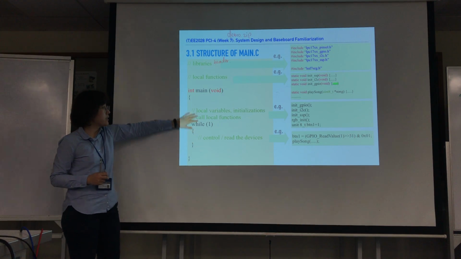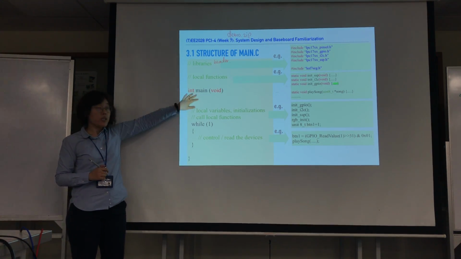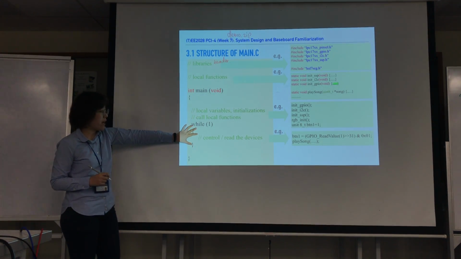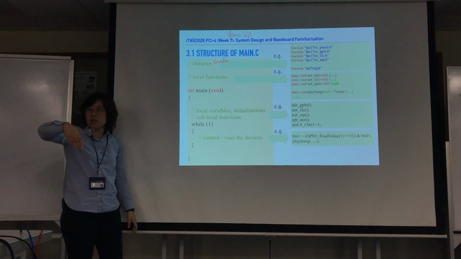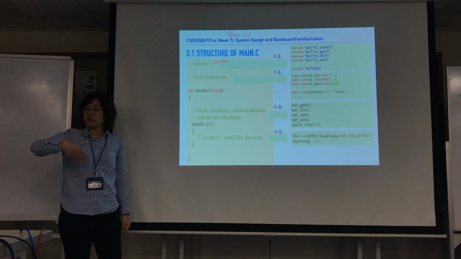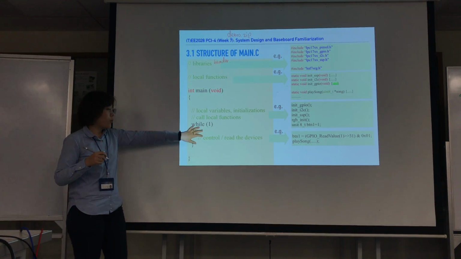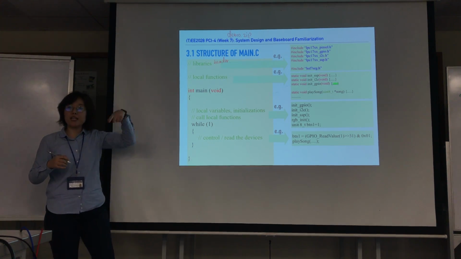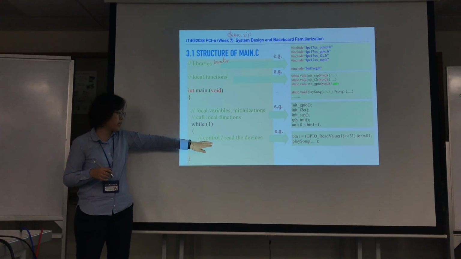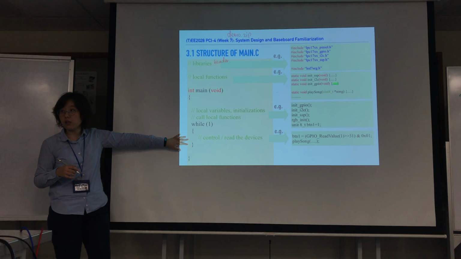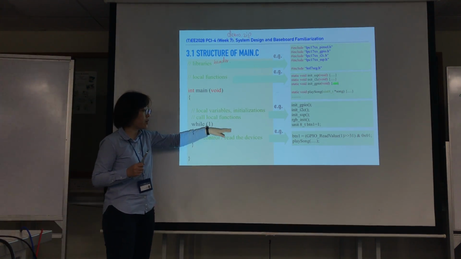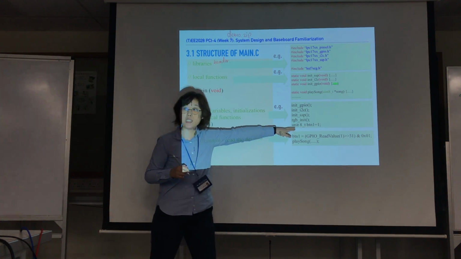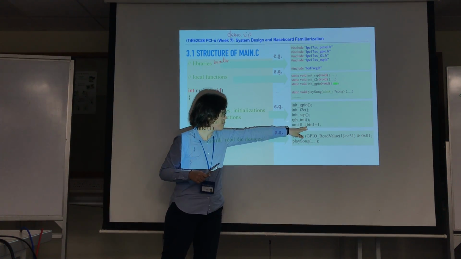So what I'm saying here is these are the local functions. And then your int main. Okay? In your int main, as I said, you have a while1 function, which is an infinite loop because your system keeps running. There's no stop for your system. Okay? So whatever logic that you want to keep checking or repeatedly running should be written inside while1. All the other settings, let's say local variables, just now, for example, your btn1, you declare this variable, right?